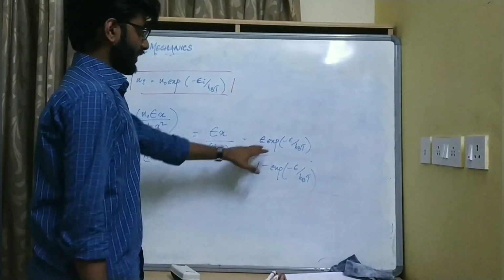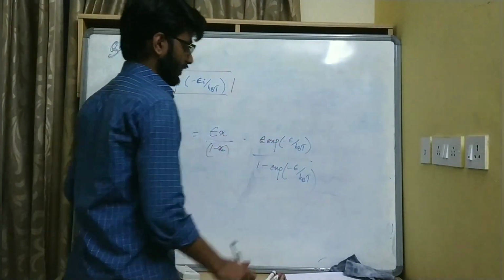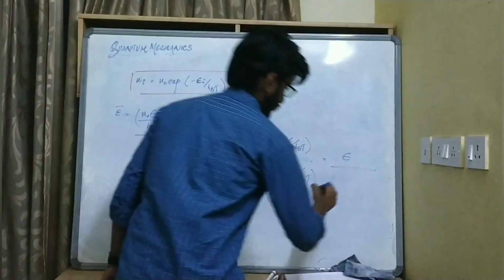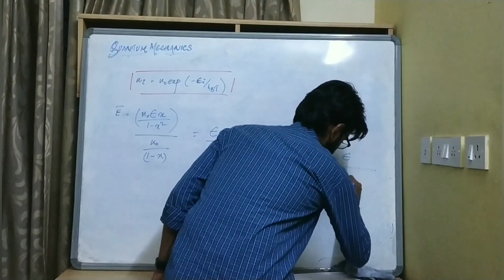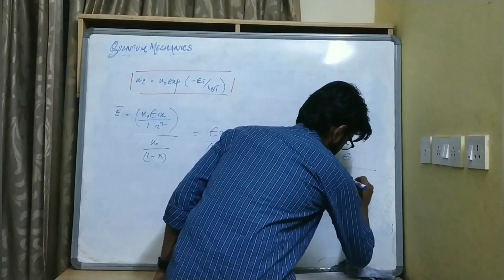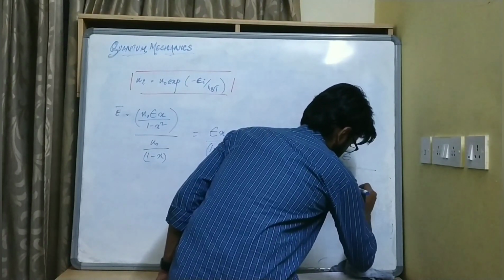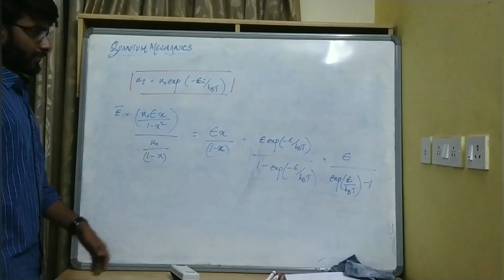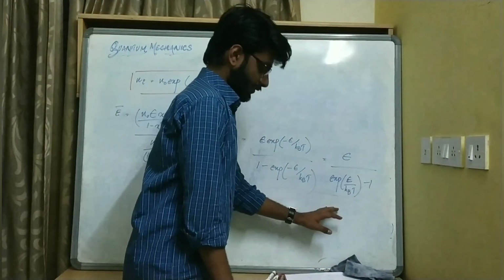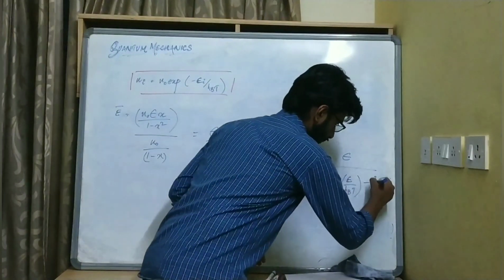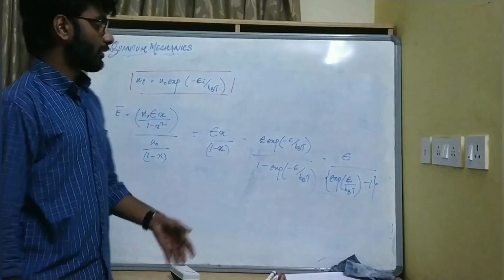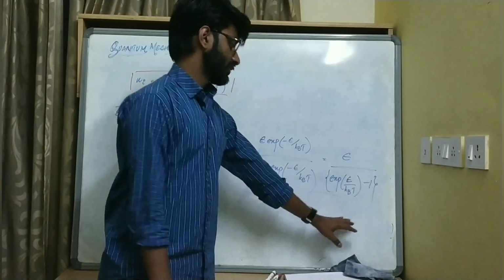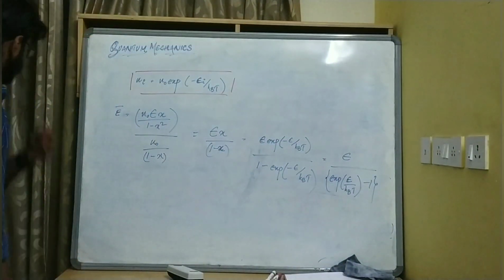Dividing the whole by exponential minus epsilon by kBT, we get epsilon by exponential epsilon by kBT minus 1. So this is the average energy. This is quite different from what we took in deriving Rayleigh-Jeans law, which took the classical term for the average energy equal to kBT.